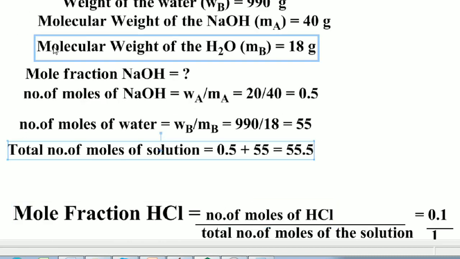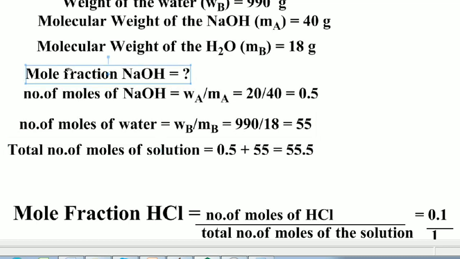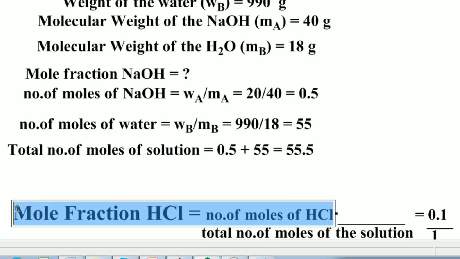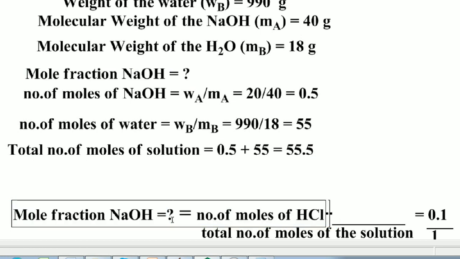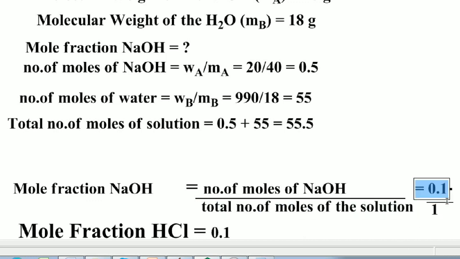Now we can find the mole fraction of NaOH. Therefore mole fraction of NaOH is equal to number of moles of NaOH by total number of moles of the solution.